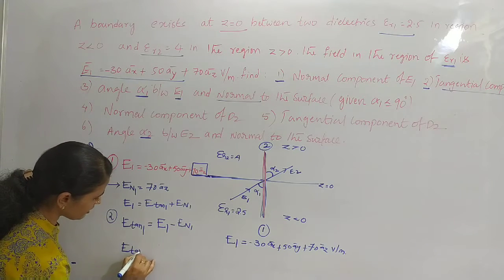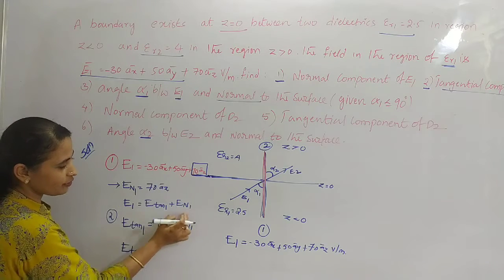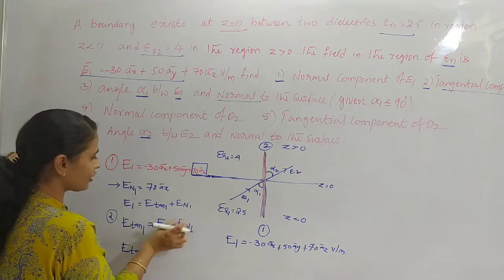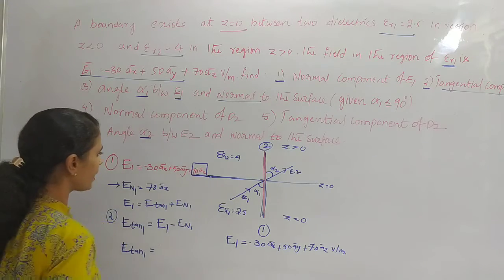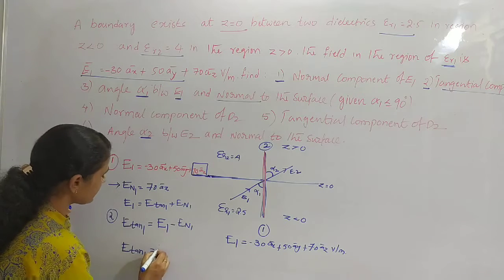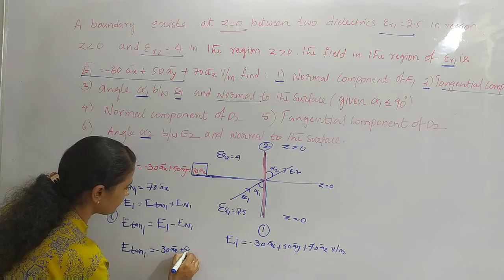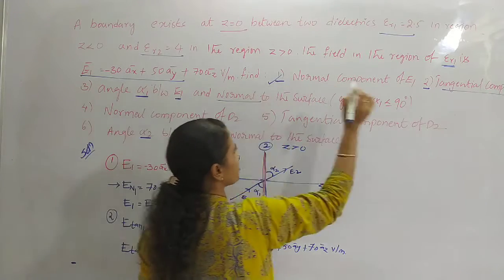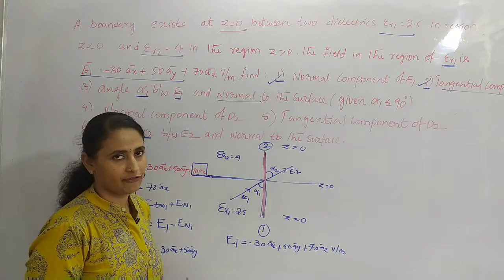The normal component is the Z component, so subtracting it, the rest gives the tangential component E tan 1, which is minus 30 AX plus 50 AY. So we have found both the normal and tangential components of E1.